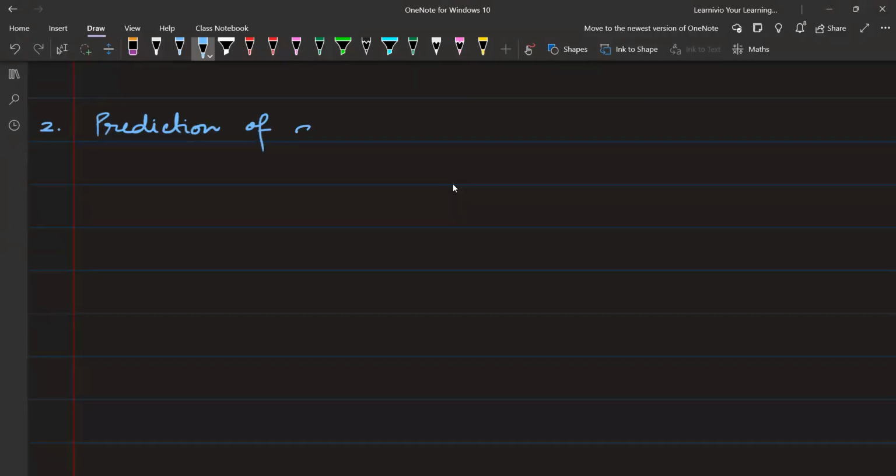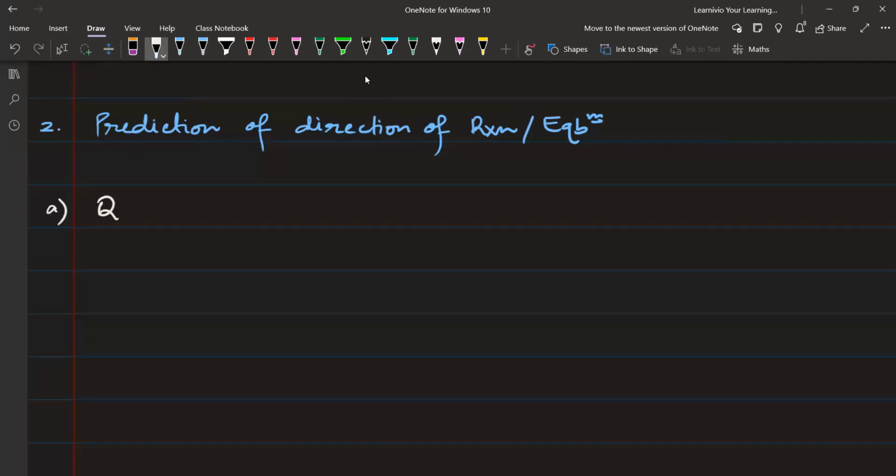Prediction of direction of reaction. Direction of reaction and equilibrium, direction of reaction or equilibrium. What is going to happen, tell me. Forward and backward? Q is less than K? Forward. Very good. Now we have just seen that it will be a forward reaction.